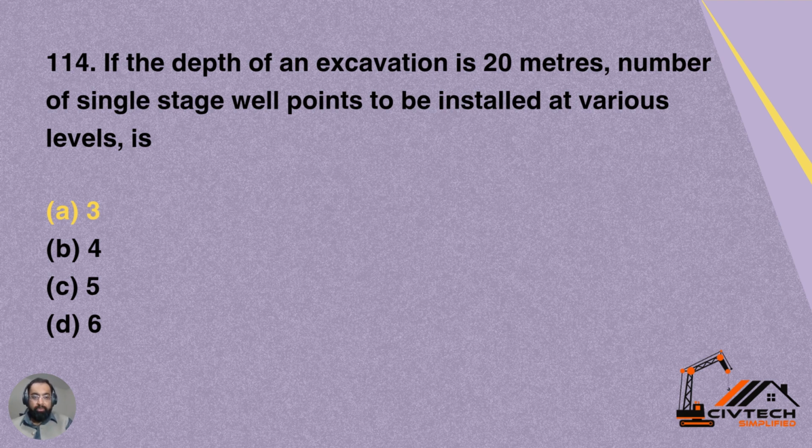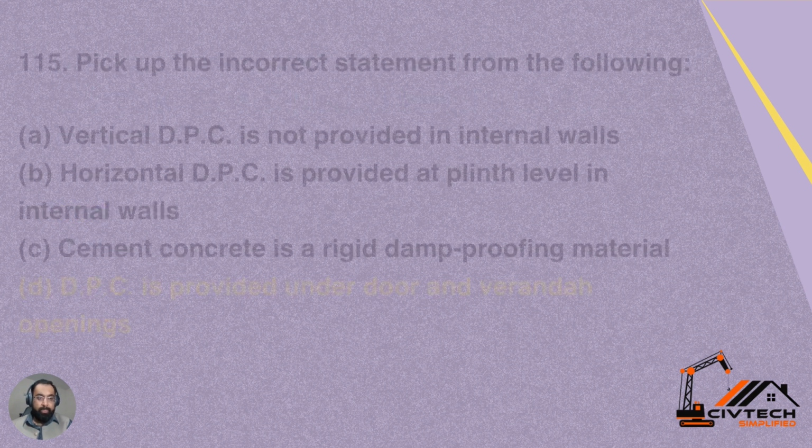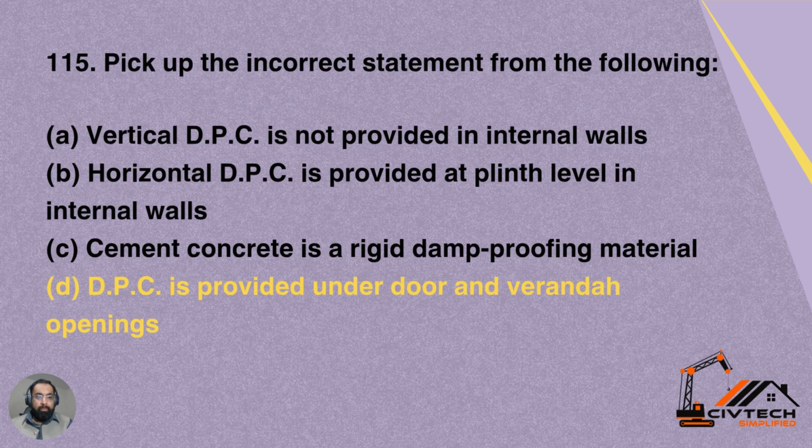Option A is correct, which is 3. So 3 single stage well points would be installed at various levels if the excavation depth is 20 meter and we have to exercise the dewatering of that pit. So 3 bore wells will be drilled. Option A is correct for this question.